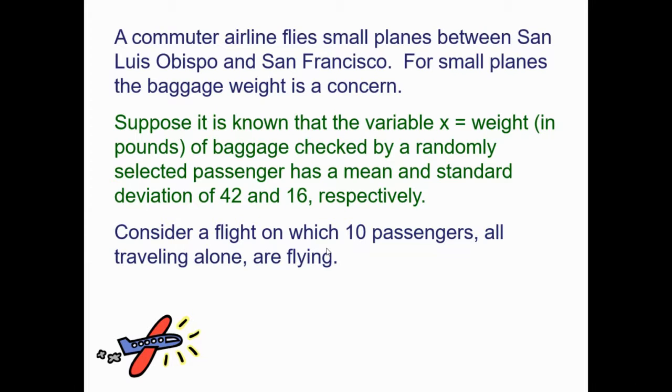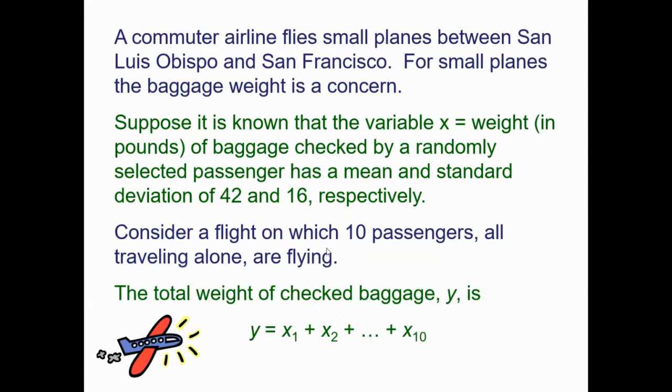Everyone's on their own. They're independent. So the total weight of our checked bags would just be the sum of all the bags. There's 10 bags. So x1 plus x2 all the way to x10.